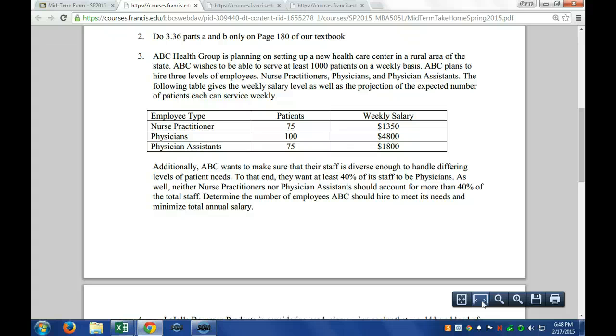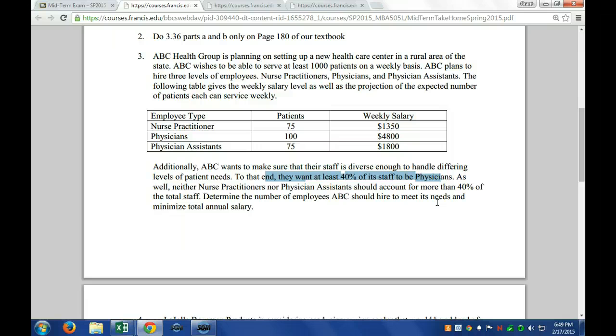But you can use summation variables with regular ones too. Number 3 is integer, and it definitely needs a summation variable because it says they want at least 40% of its staff to be physicians. We don't know how much the staff is, so we have to create a summation variable or total for the staff, and then write a constraint based on that.